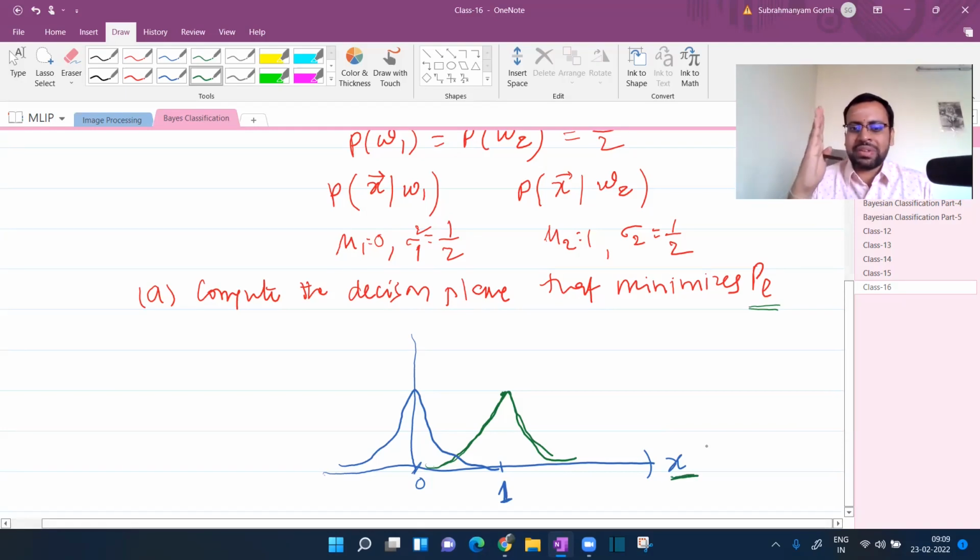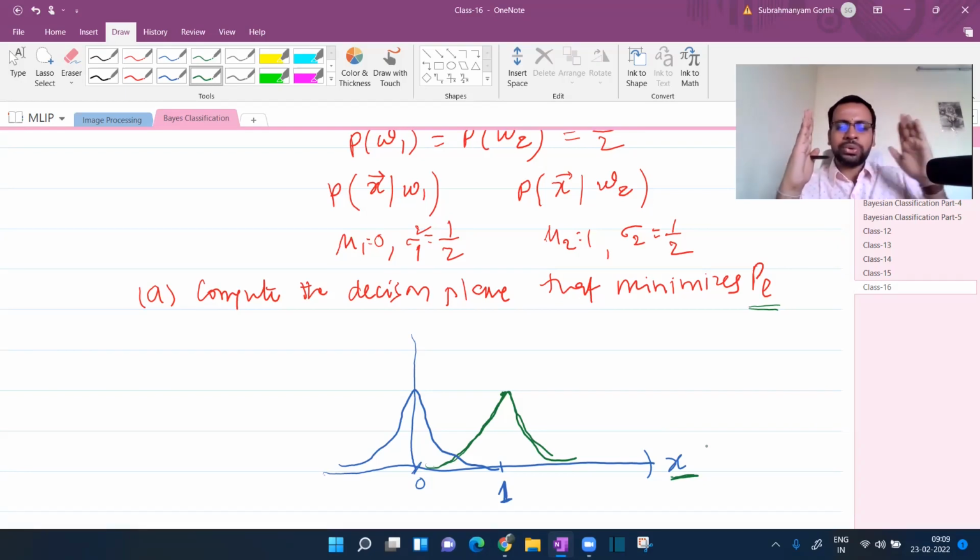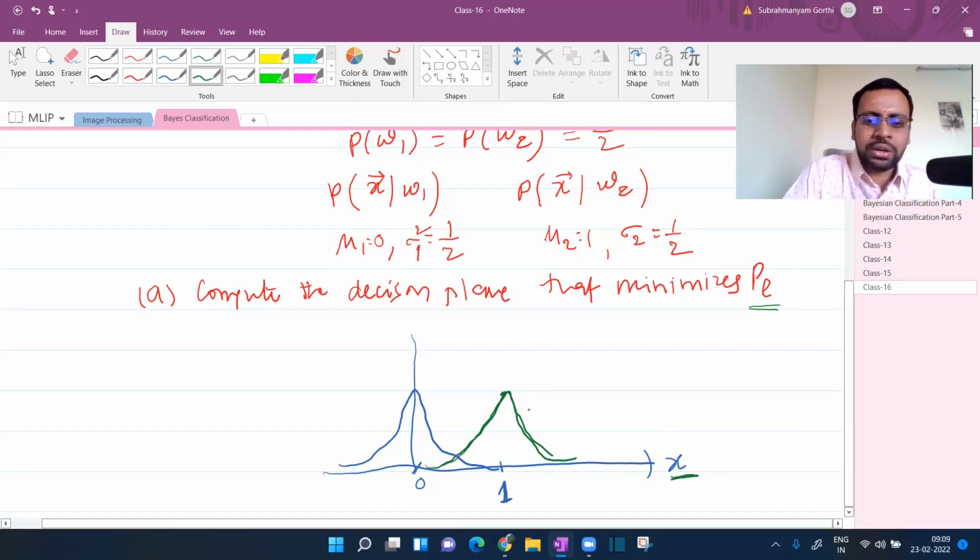For which x value, if you consider it as the decision plane, such that before that value you assign it to omega 1. Let's write x naught. What is the x naught here? 0.5, sir. Yeah, very good. That's true. But in terms of graphs, how do you find out where it is? If I give you two graphs. Sir, the intersection point of both. That's right. Good.